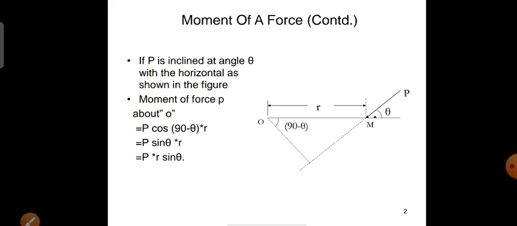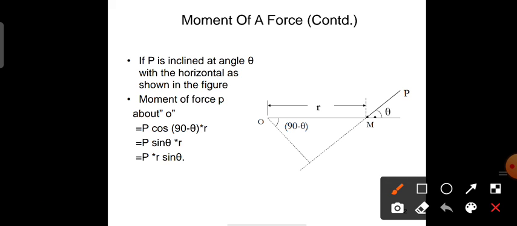If you want to calculate moment, then we need force P into the perpendicular distance, which is the perpendicular distance to this line of action of the force. So this is the force P, and the perpendicular distance from the given point, which is O.